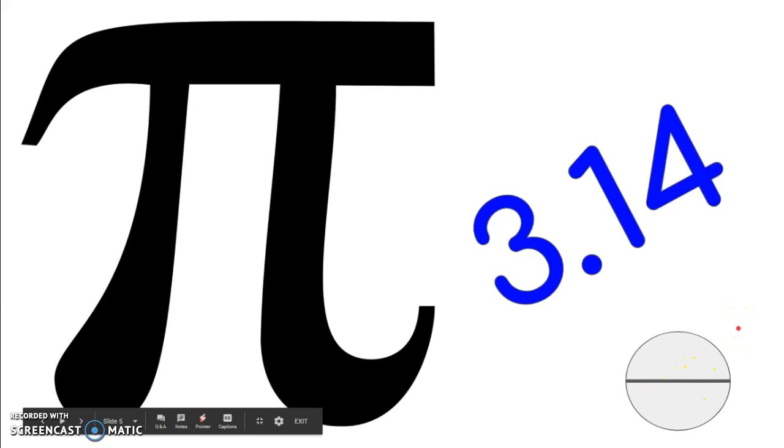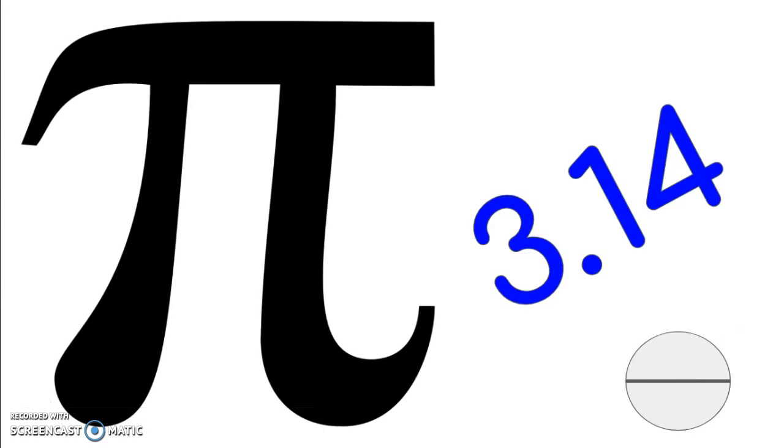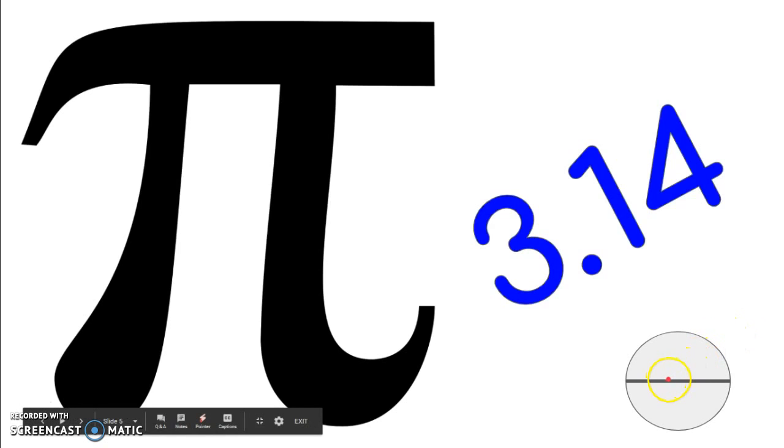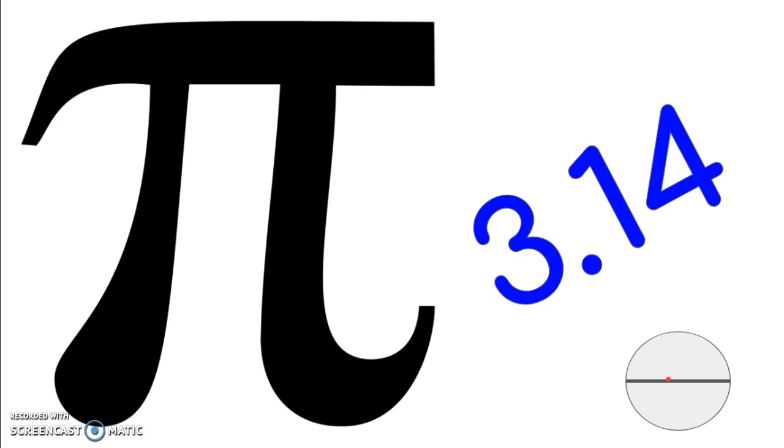If you were to lift that diameter up and wrap it around that circle, it would take 3.14 of these to go all the way around. So that's why we use pi. Essentially, it takes 3.14 diameters to go all the way around the outer edge of a circle.